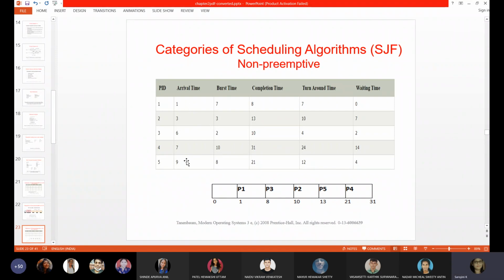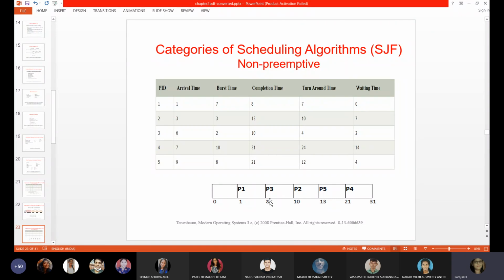In 8 milliseconds, which processes must have arrived in the ready queue? Process P1, process P2, process P3, process P4. But not process P5. Why? Because it will arrive only at the 9th millisecond, but we have completed only 8 milliseconds till now.